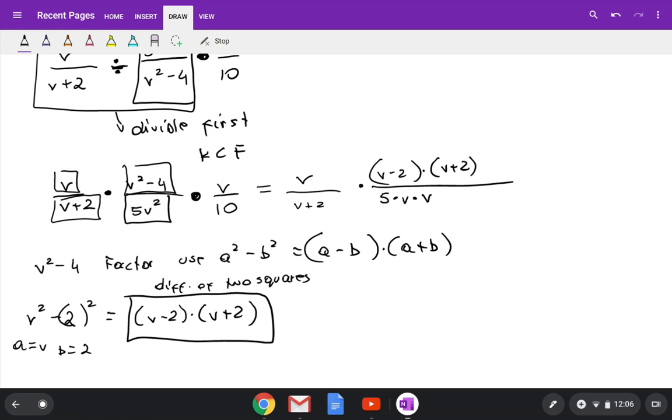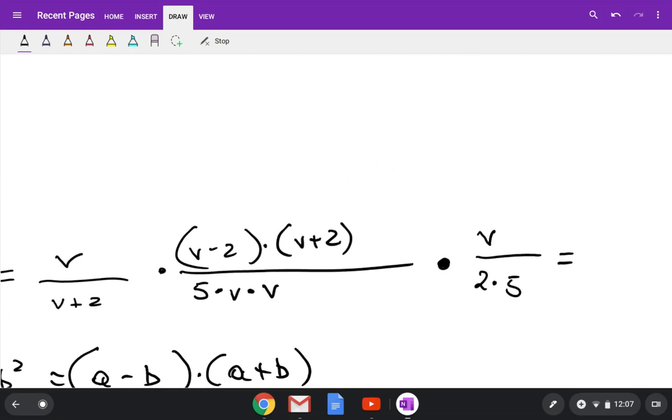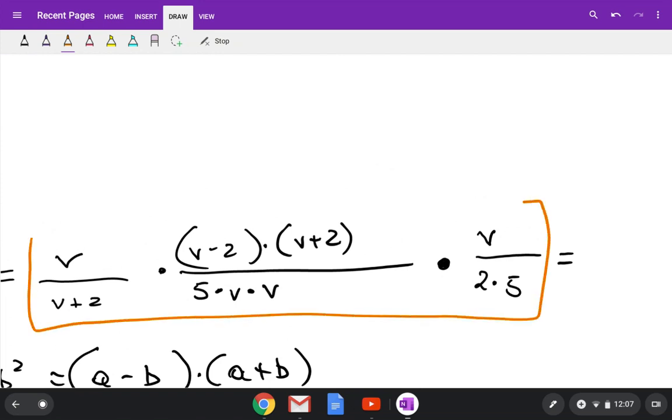And now times the last fraction, v, so just copy that v, over 10. 10 you can rewrite as 2 times 5. So let's focus on our multiplication here. We have v times v minus 2. Again, this is where I'm working. We're multiplying all of them right now.